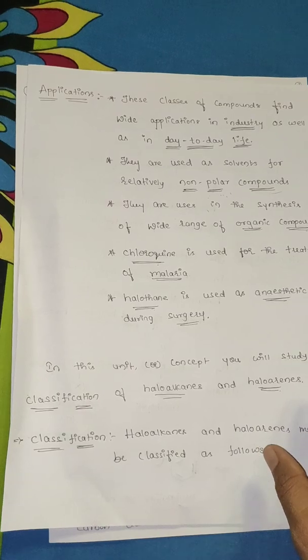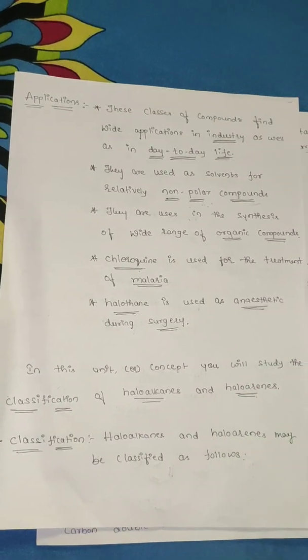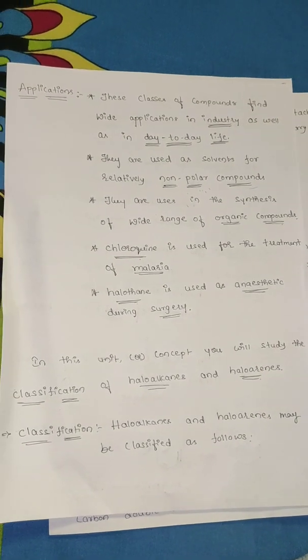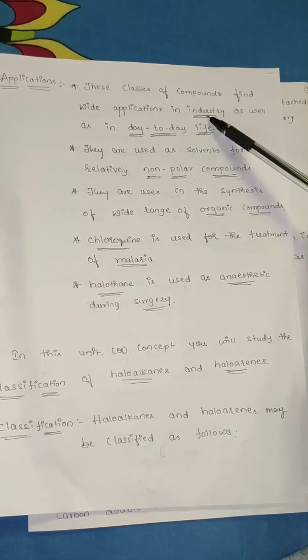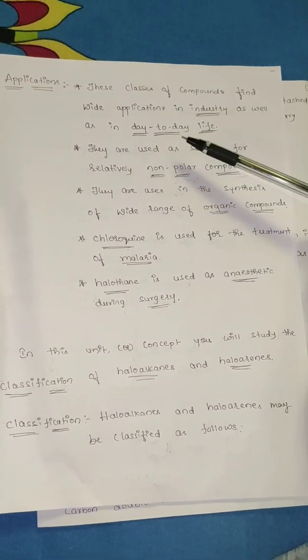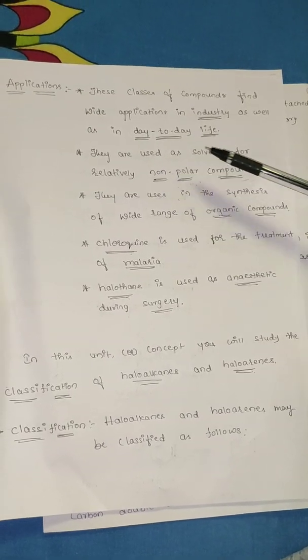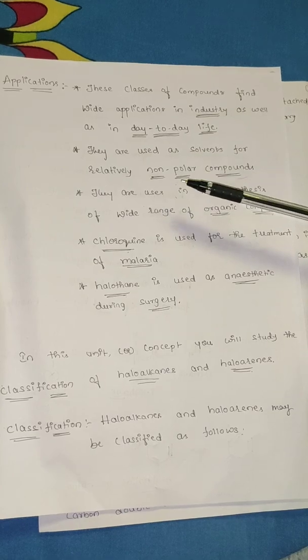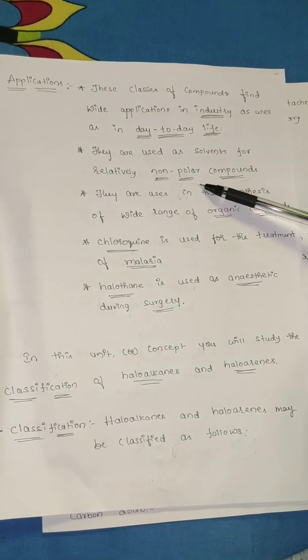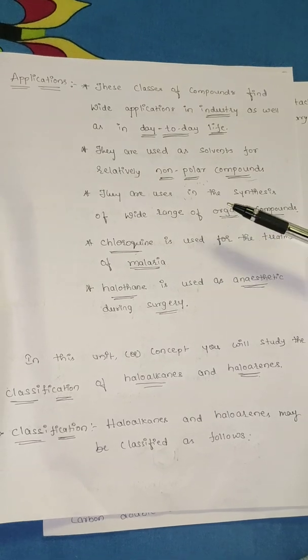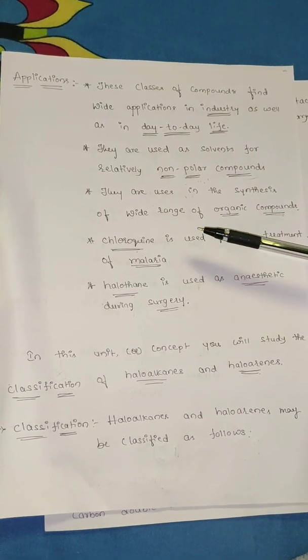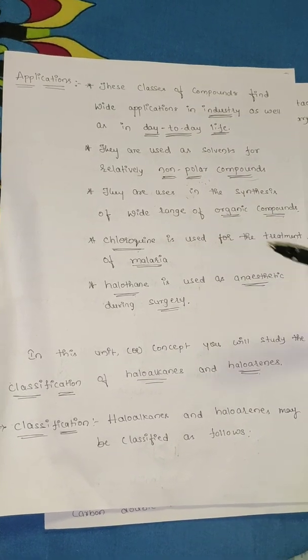Now you can have an idea about the applications of haloalkanes and haloarenes. They have a wide range of applications in industry as well as day-to-day life. Secondly, they are also used as solvents for relatively non-polar compounds, and mainly in organic synthesis of organic compounds.